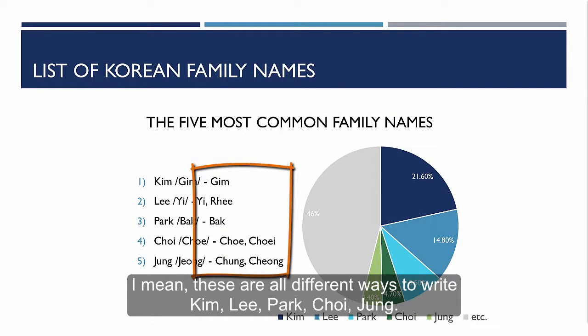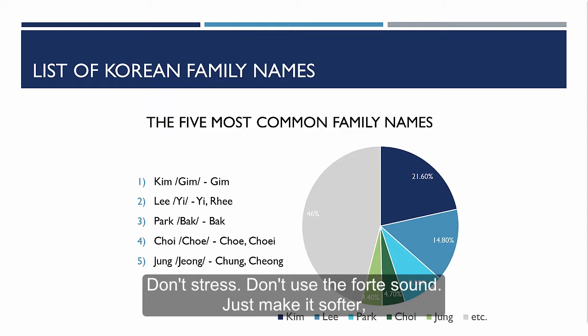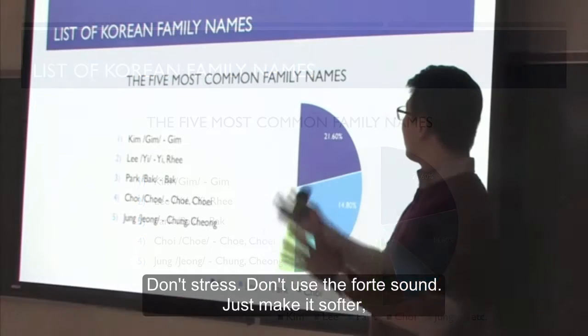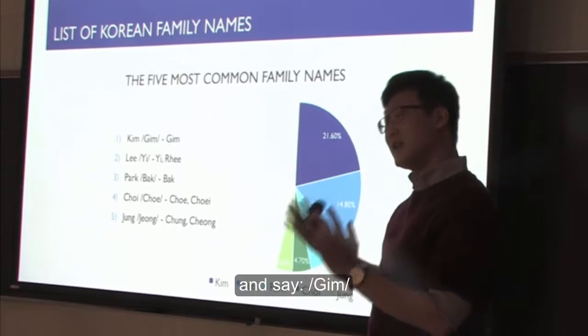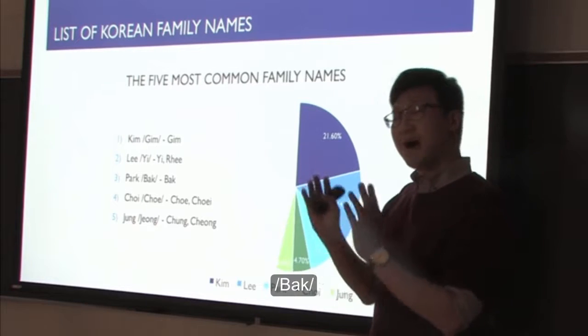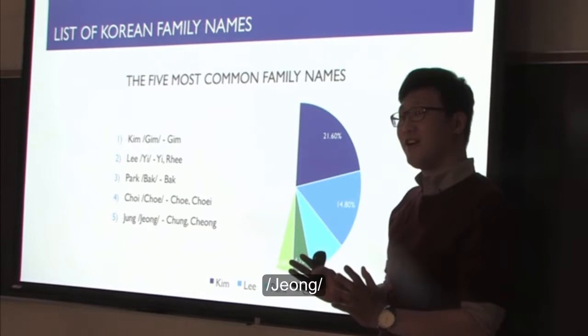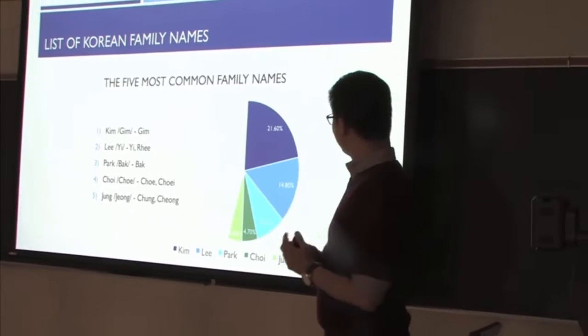These are all different ways to write Kim, Lee, Bak, Che, Jung, but these are the most popular ways to write them. But don't stress out, don't use the forte sound, just make it softer and say Kim, Li, Yi, Park, Che, Jung. Yes.